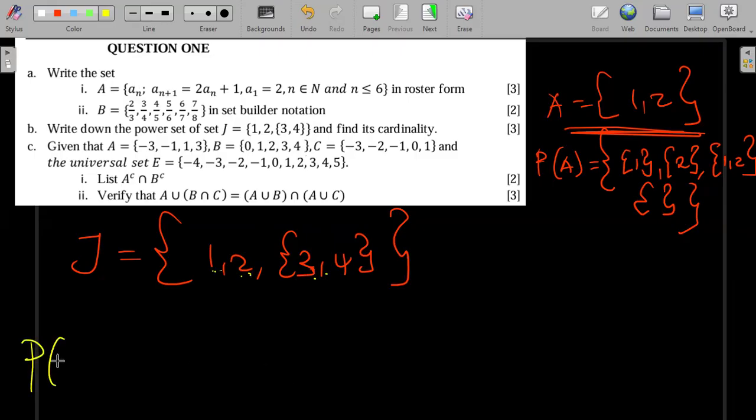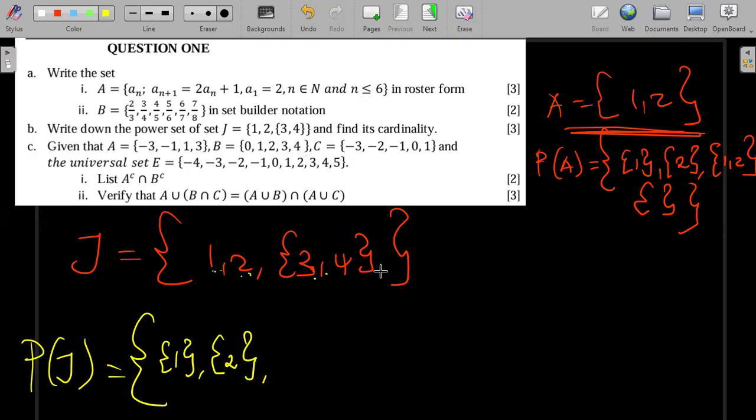So I'll say power set of J is equal to, the first set I'll just write 1 alone, then 2 alone, and then this set alone. So this set already has these two curly brackets. You've seen them. So it means I'll write the curly brackets for writing them in the power set, and then I write it the way it is like this. Okay, so this is a subset of this J.